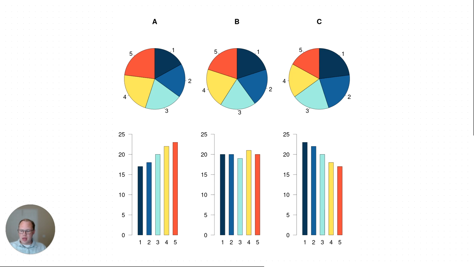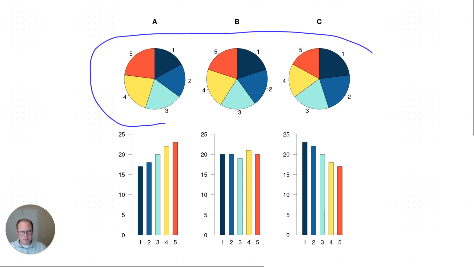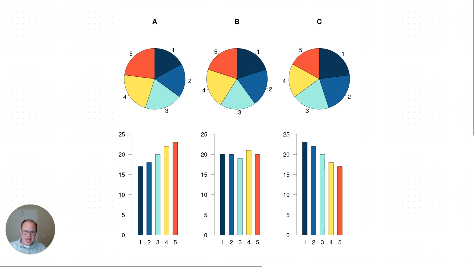Notice in each case, the pie charts, they all look pretty darn near the same, right? It's very hard if I look at any one of these pie charts, say here, is section 1 bigger? Let me use a different color. Section 1 bigger, or is section 2 bigger? It's really hard to look at. Maybe if you stare at it long enough, you could come to a conclusion. But it's really hard to make that determination.